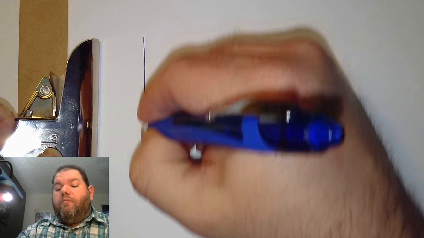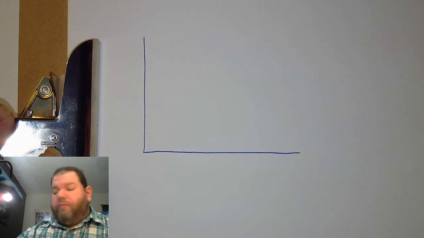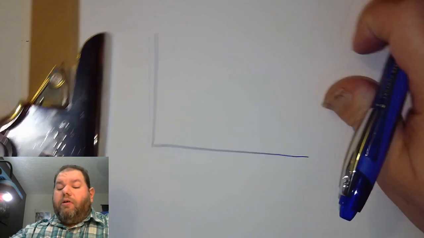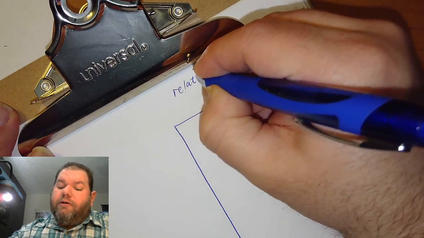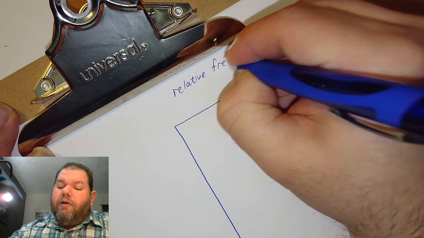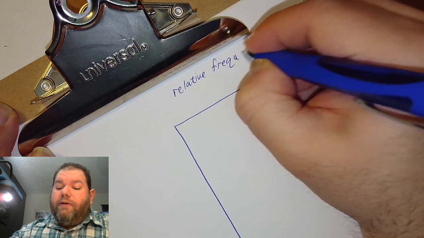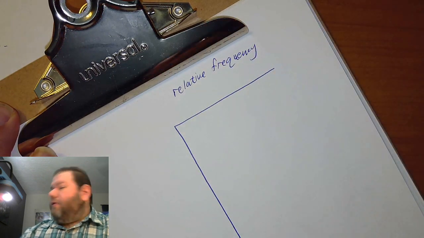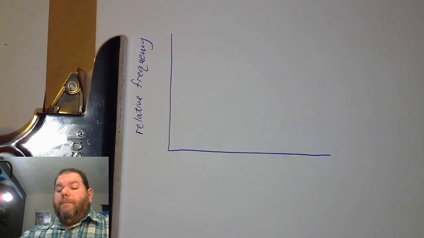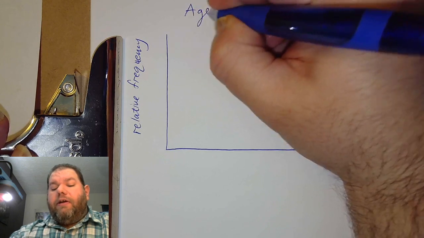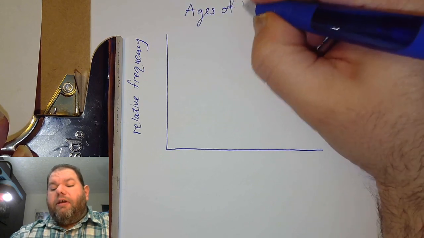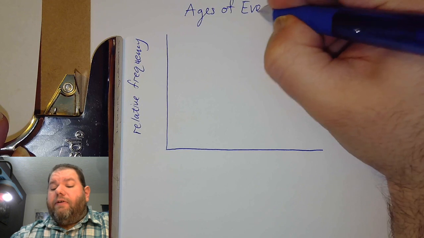So we're going to create a histogram. Okay. Let's go ahead and use relative frequency here on the vertical axis. For our title, we're going to put ages of evening statistics students.